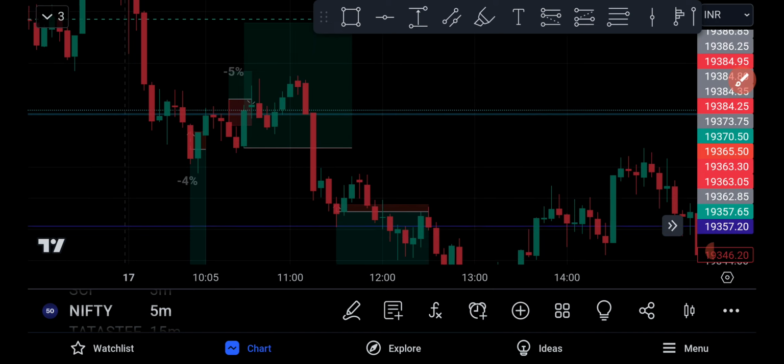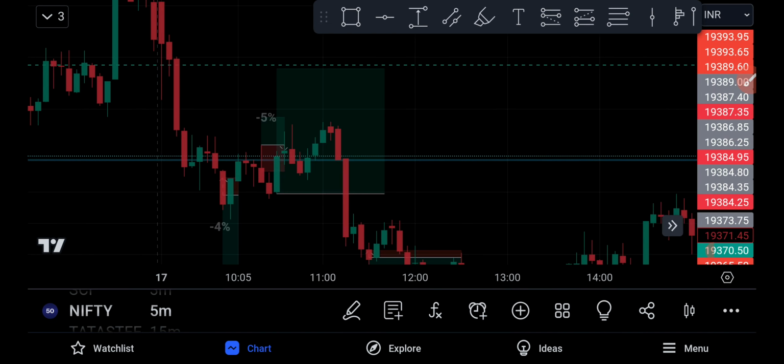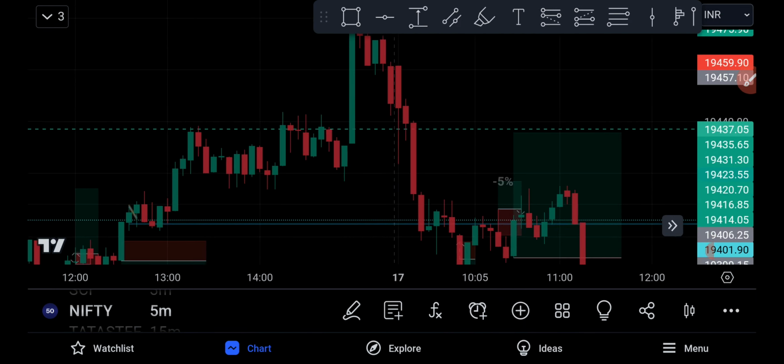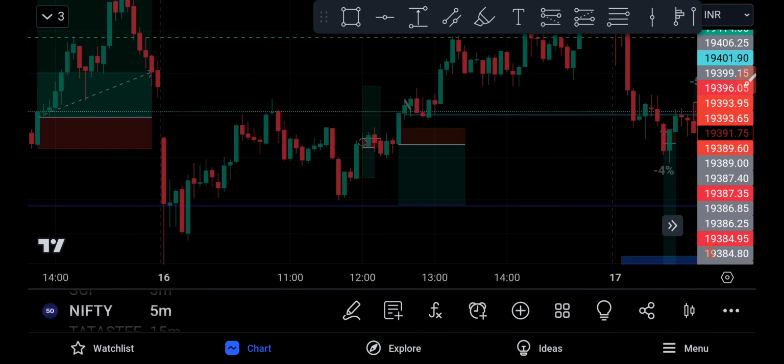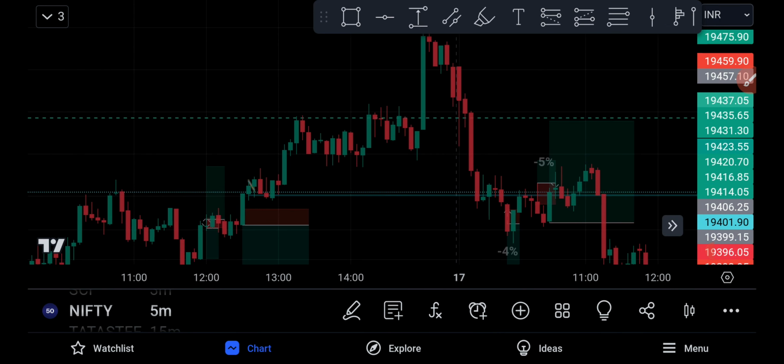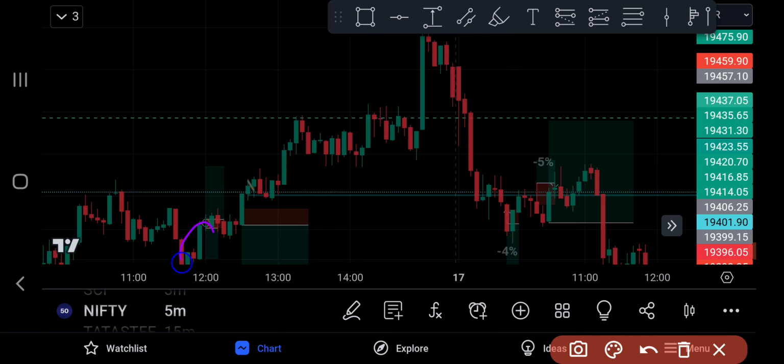Again here same thing, small candles and a big move right here. Again here too, same happened day before yesterday also. Big move followed by small candles, big move, small candles, like that.